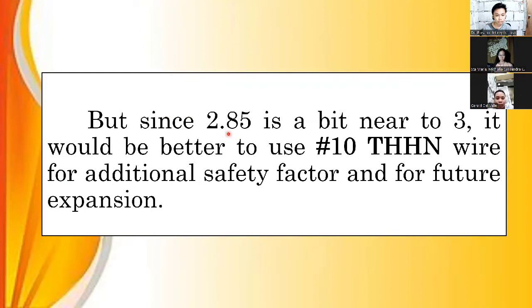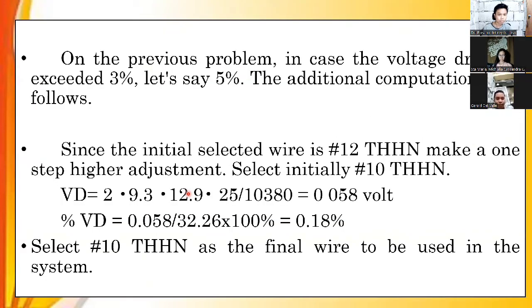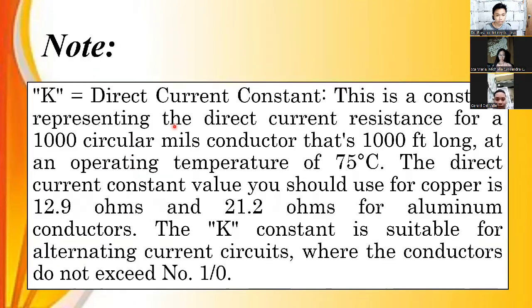But since 2.85 is a bit near to 3, it will be better to use number 10 THHN wire for an additional safety factor and for future expansion. So it's the same problem. Next slide lang po.